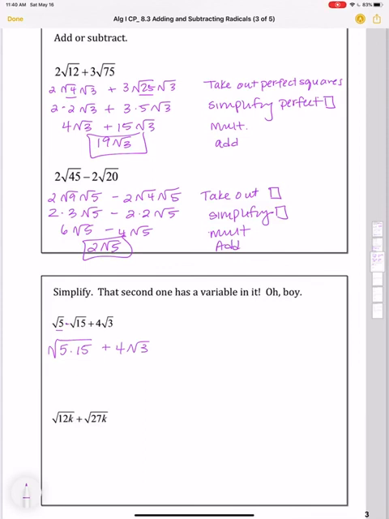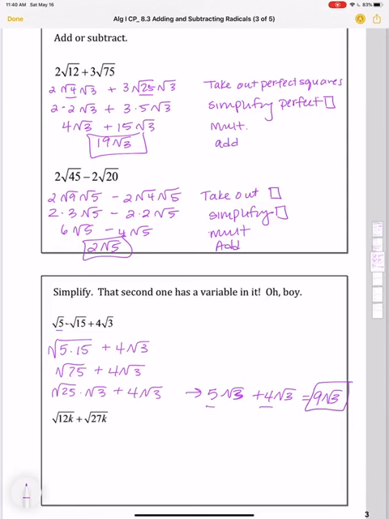So that's 75 plus 4 root 3. Now 75 is 25 times 3. So I've taken out the perfect squares, so that gives us 5 root 3. Oops, 3, not 5. Plus 4 root 3, which are the same, so I can get 9 root 3. So only adding coefficients, not changing the radical.